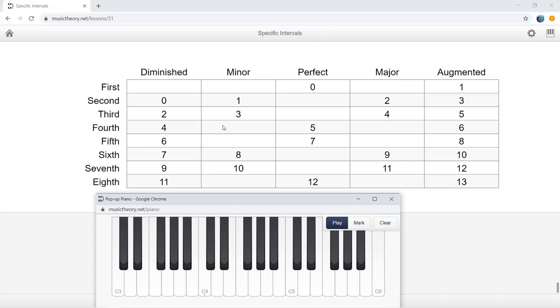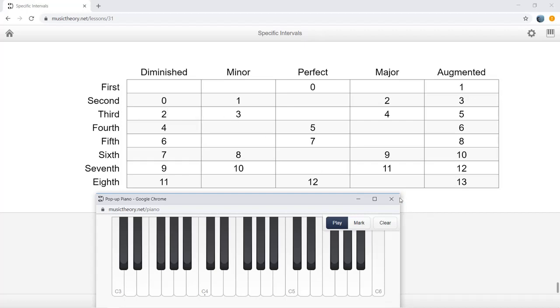So this is a chart of all of your intervals, and you could print this out. You could have this up while you're looking at it, and this would help you. So if you count first, you want to count up the number of lines and spaces, and then you would figure out how many of these half steps there are.